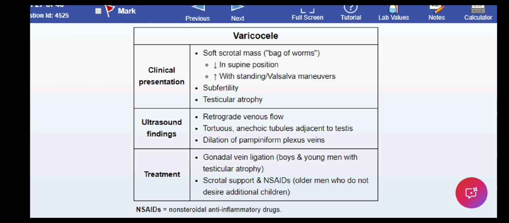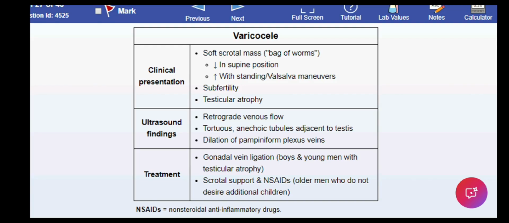Okay, about varicocele, very important, very repeated in the exams. We see a bag of worms in the scrotal mass, low in supine, high with standing and Valsalva maneuvers. So it's not stable. The change of position could change its appearance.